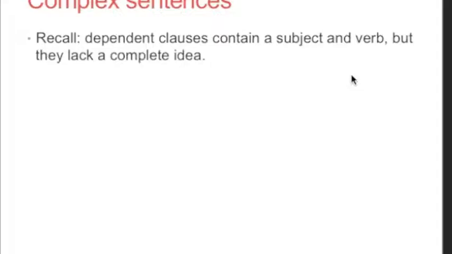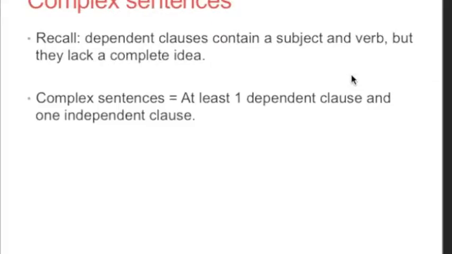Okay, so that's what we're going to put together today. We're going to put together a complex sentence. A complex sentence contains at least one dependent clause and only one independent clause. It only contains one independent clause because if we were to combine two independent clauses, that would make it a compound sentence. And then if you add a dependent clause to that compound sentence, you get a compound-complex sentence, and that's in the next video.